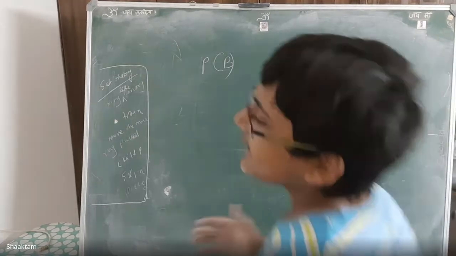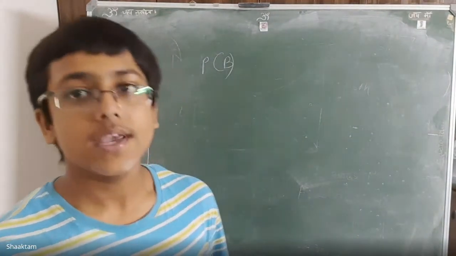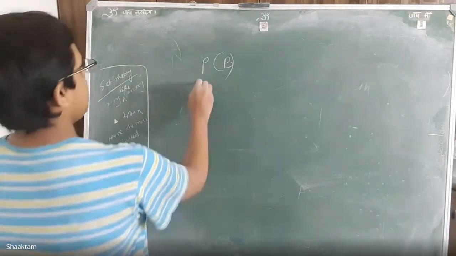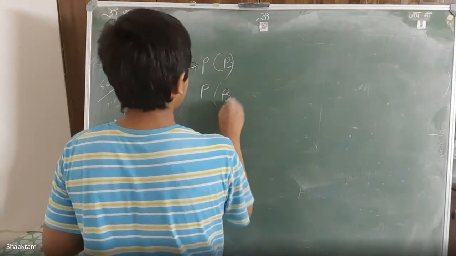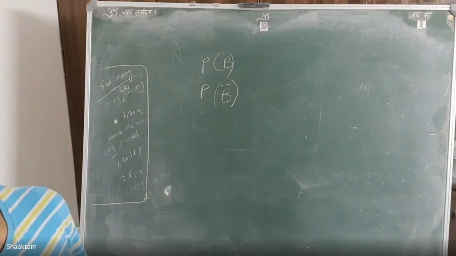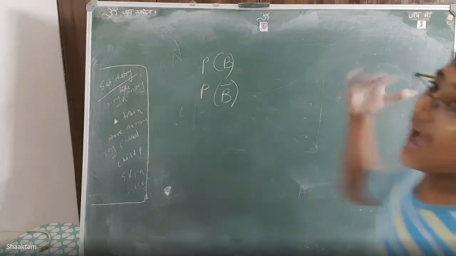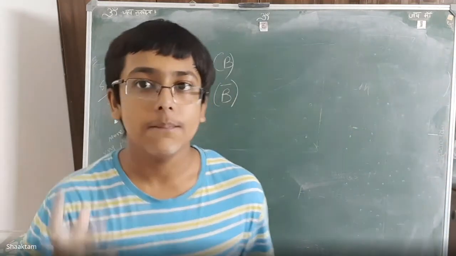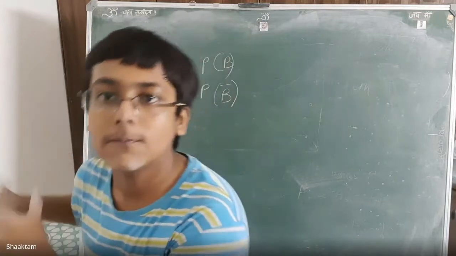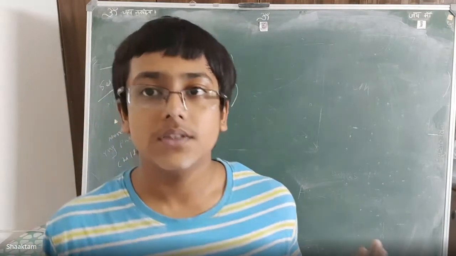If the probability that at least 2 people have the same birthday is PB, we can also say that the probability that all of them have distinct birthdays is PB dash. Because they can either have 2 people celebrating the same birthday or 3 people celebrating the same birthday in one event, and the other event where all three are having distinct birthdays.